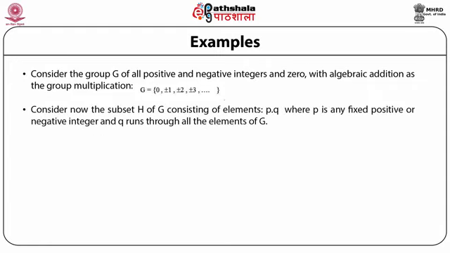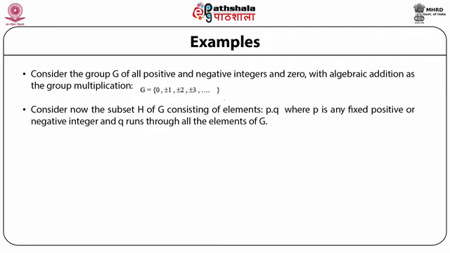So the group G consists of elements 0, plus minus 1, plus minus 2, etc. Consider now a subset H of the group G consisting of elements p multiplied by q, where p is any fixed positive or negative integer and q runs through all the elements of G.